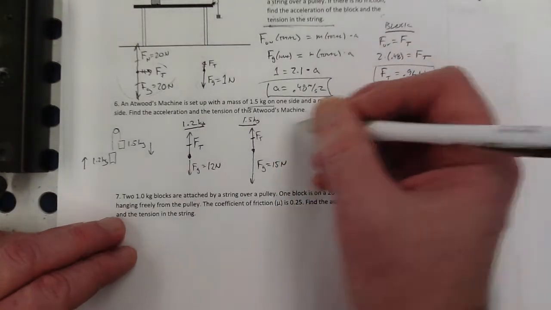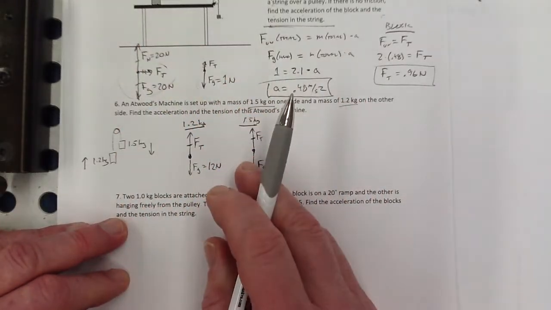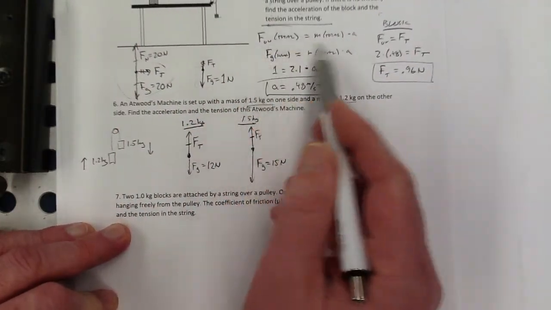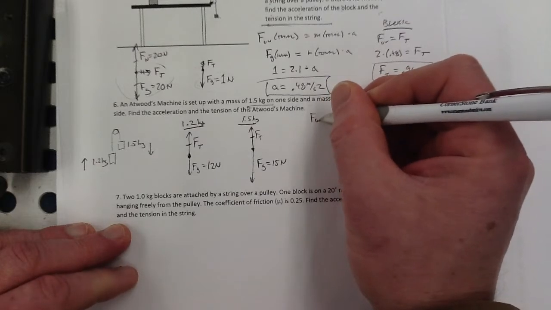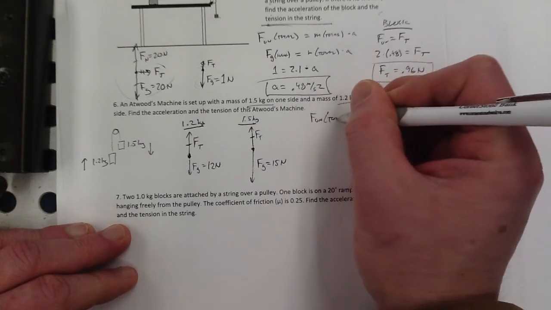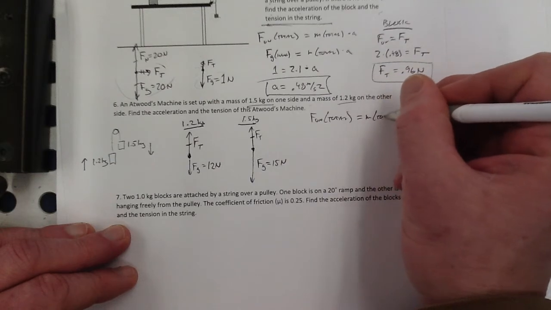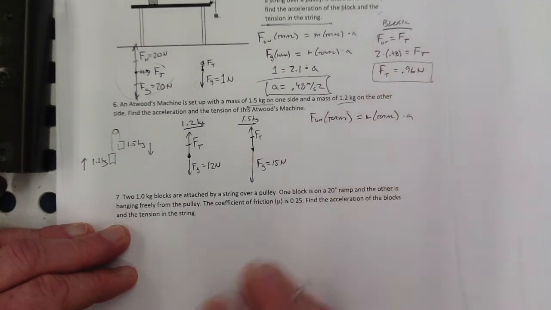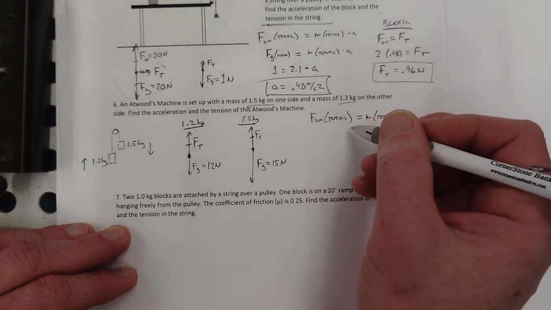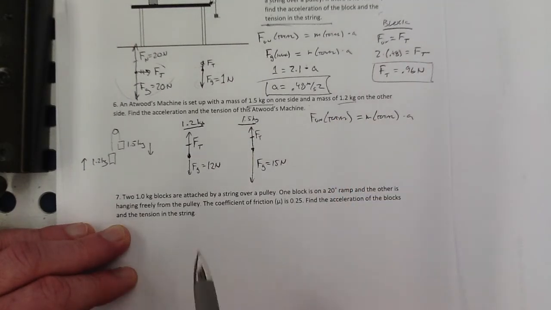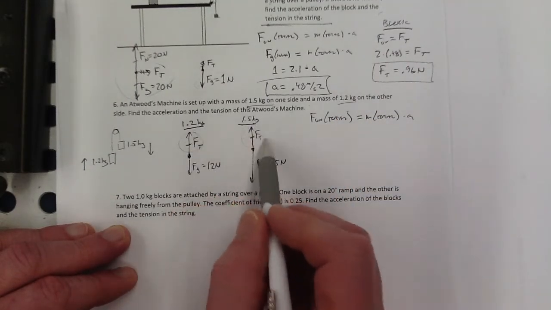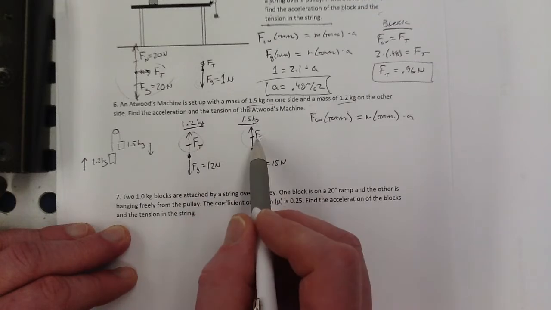Okay, so I'm going to use the same method of totals like I did here. Unbalanced force total is equal to mass total times acceleration. Well, let's see. These cancel each other out, right? Those are equal to each other.